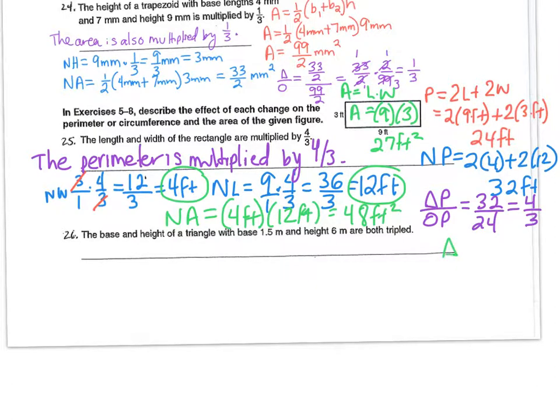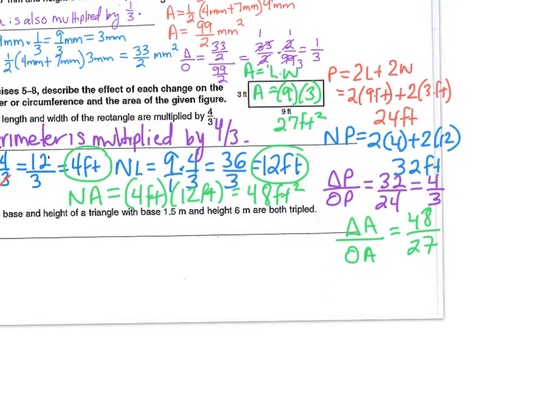So when I compare the new area over the original area, just to see what happened, this is 48 over 27. When you reduce, you can reduce by what number? By 9? Okay, 9 into 48? No, right?